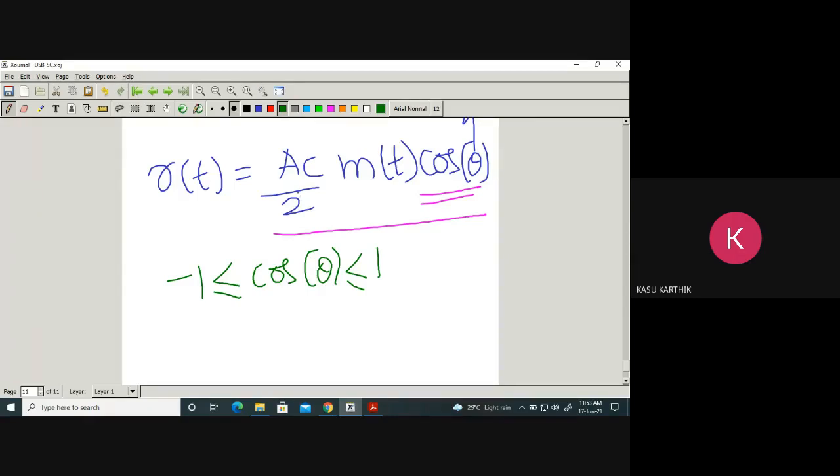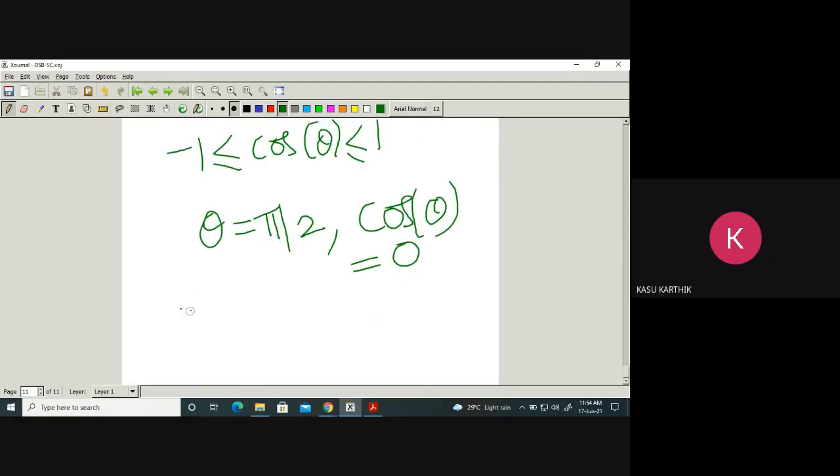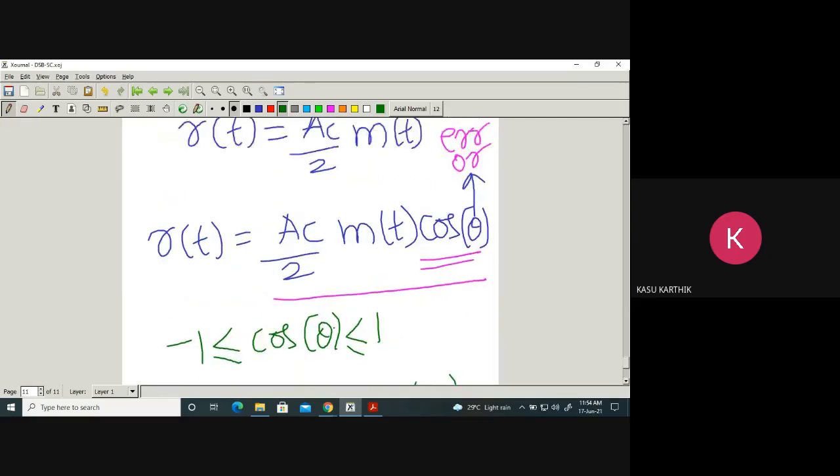Amplification or attenuation of m(t) is okay; there won't be any problem. But there is a problem if theta equals π/2. What is cos theta? 0. What about the output r(t)? 0. You don't get any output at the demodulator side.